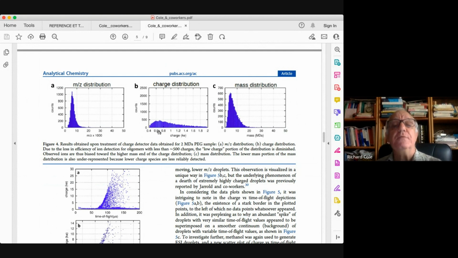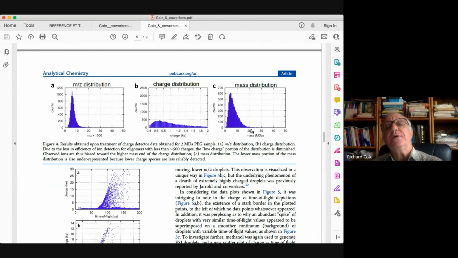But what you need to keep in mind is that below about 500 charges here, we're having trouble distinguishing signals from the noise. So we have an inherent bias against measuring species at the low end, notably below about 500 charges.